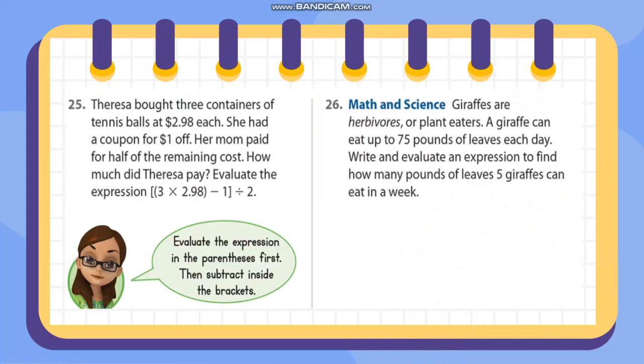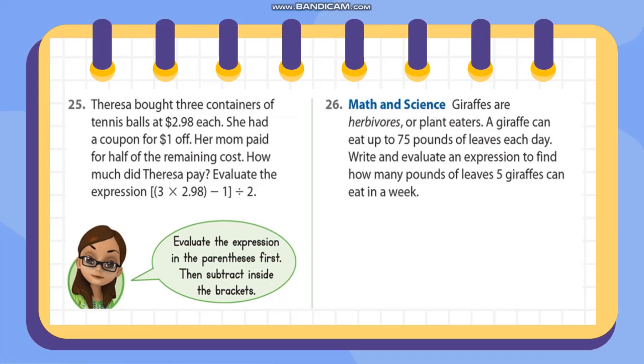And question number 25. Teresa bought 3 containers of tennis balls at $2.98 each. She used a coupon for $1 off, and her mom paid for half of the remaining cost. How much did Teresa pay?